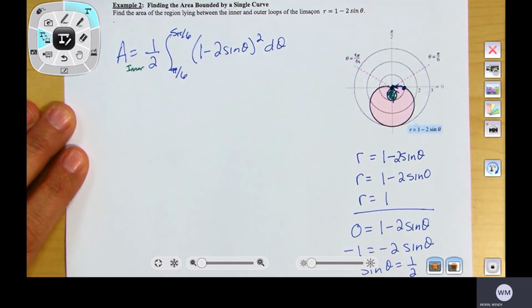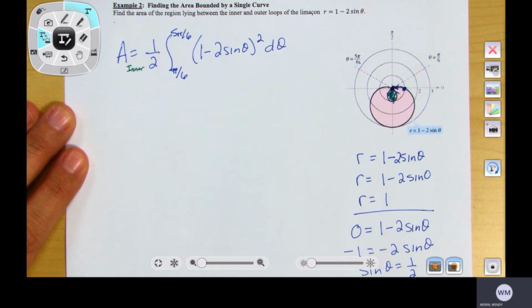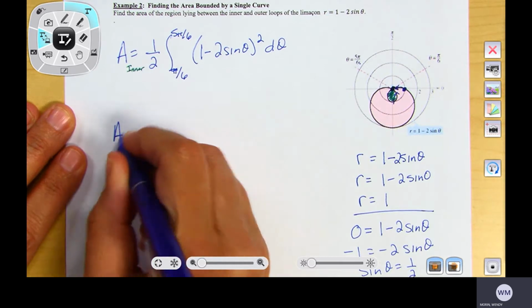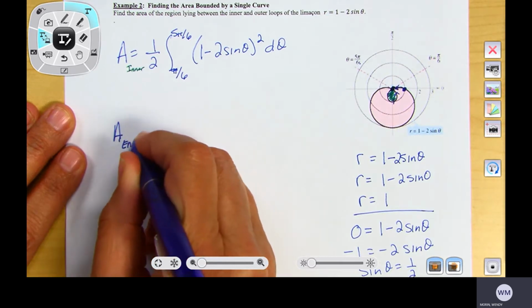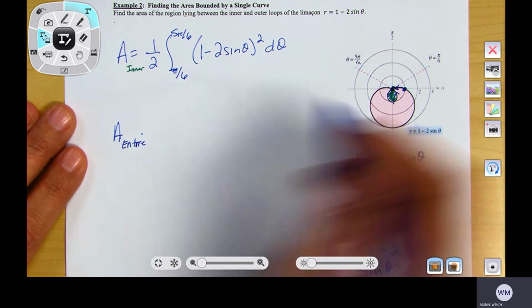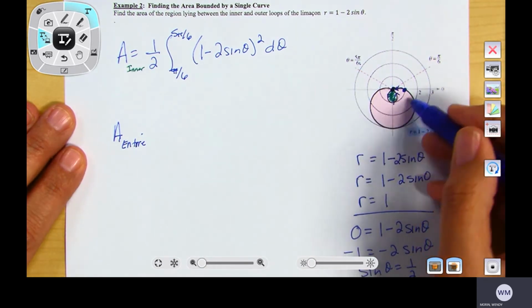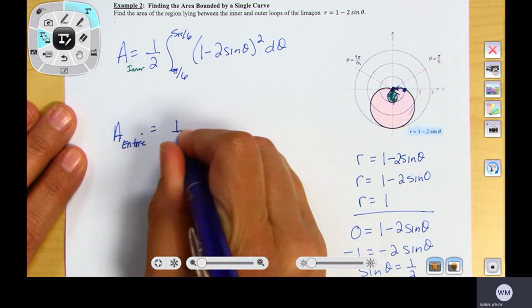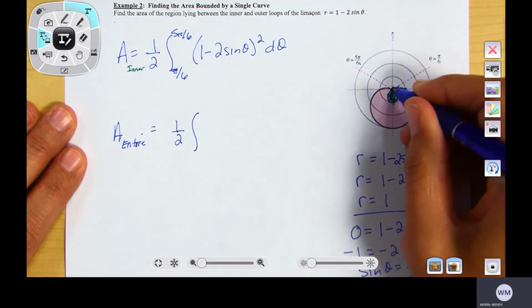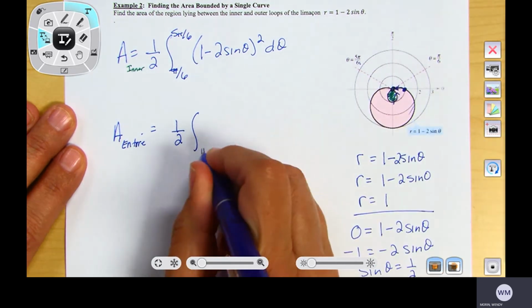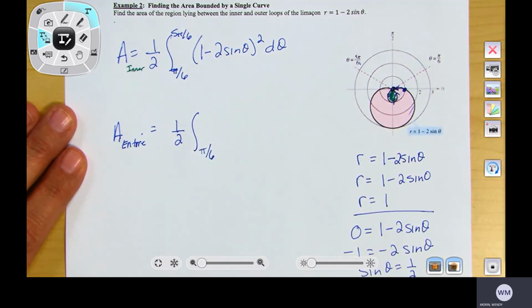So let's do the whole entire one. I'll just use blue again. The area of the entire, or the whole thing, is 1/2. Well, the first time I get to the pole is at pi over 6.